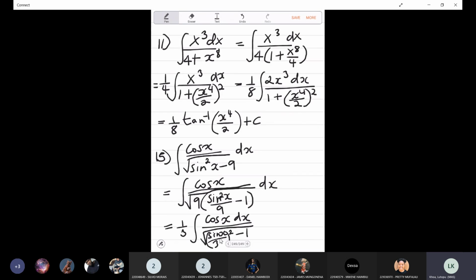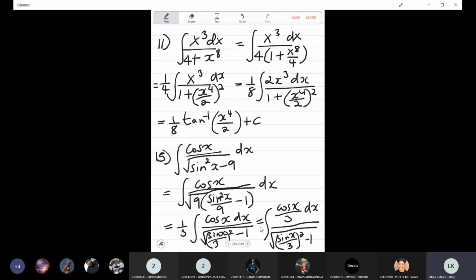So we need to rewrite this as the integral of cos x over 3 dx over the square root of sine x over 3 squared minus 1. Okay, so it's in the form that we want.